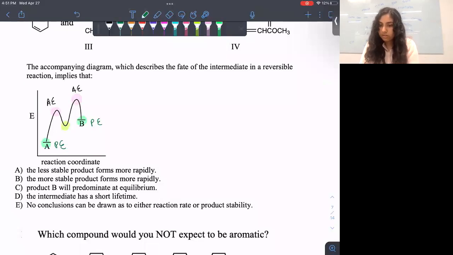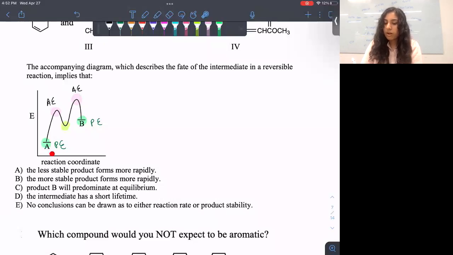With activation energy, the higher the activation energy, the harder it is to form that product, and the more time and energy it takes. So to get the product that's going to form more rapidly, you look for the activation energy that's lower. So you look for the lower bump of the two. Product A forms more rapidly because it has the lower activation energy. And then we're going to look at potential energy. Potential energy tells you the stability of the final product.